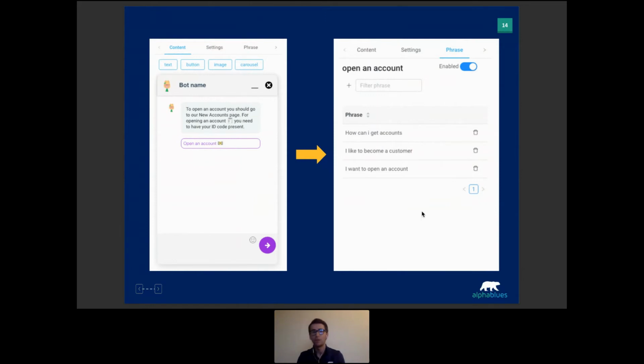And there is no way you will think of all the exact phrases that customers are going to ask. That is virtually impossible. So you have to be clever enough, thinking of different ways of asking the same thing, like opening an account, but they should be similar enough. They shouldn't be too different from one another.